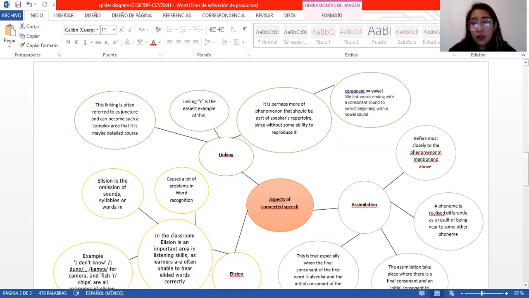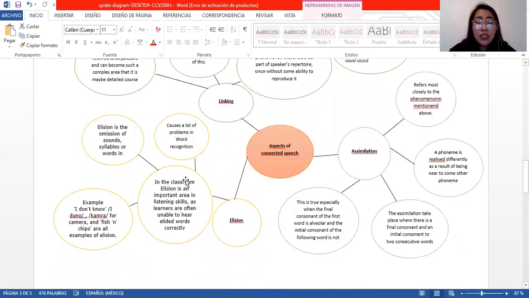Then we have elision. Elision in the classroom is an important area for listening skills, as learners are often unable to hear elided words correctly. Elision is an omission of sounds, syllables or words in speaking.